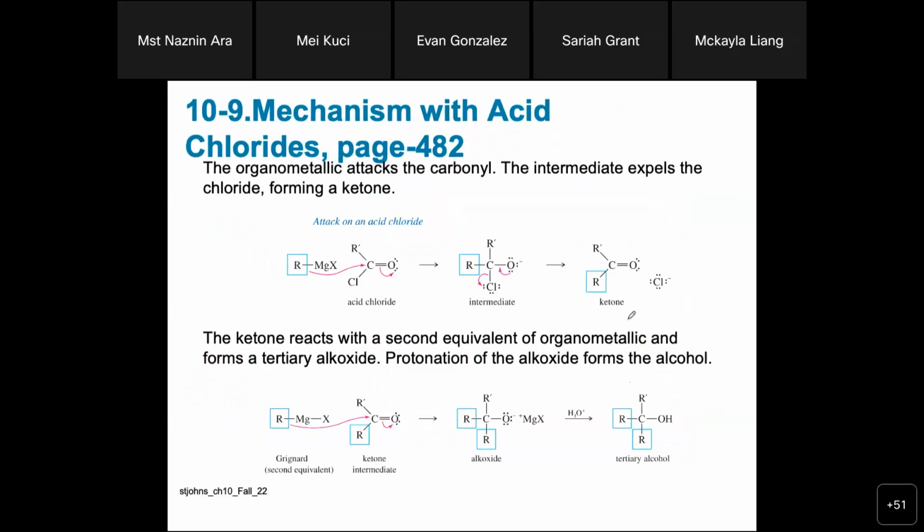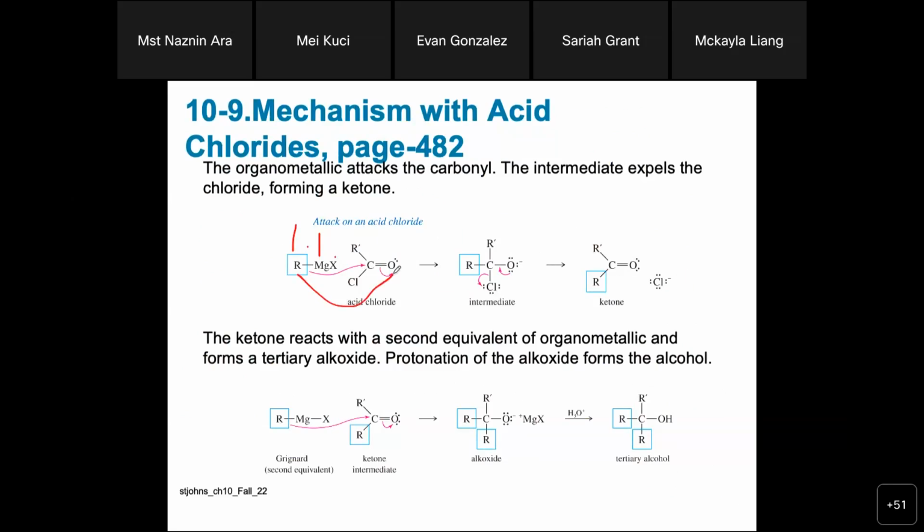The attack mechanism of organometallics with this acid chloride. Organometallics means the Grignard reagent: we have magnesium, the alkyl group, and the halogen. That's why we also say organometallics. How does it attack?